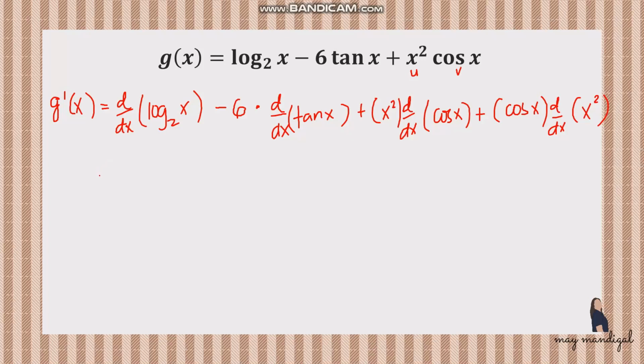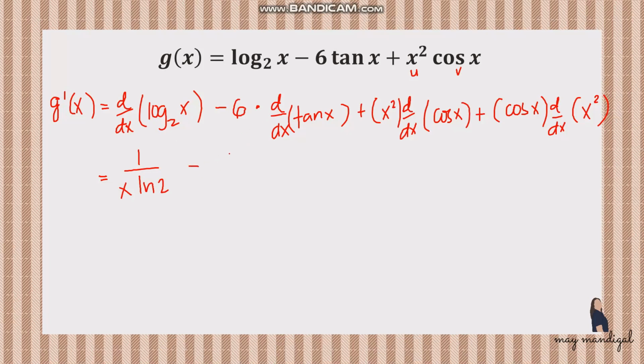And then let's simplify. So for this one, the logarithm, its derivative should be 1 over x ln of a, or since a is 2, it will become 1 over x ln of 2. So that's the derivative of our logarithmic function here.